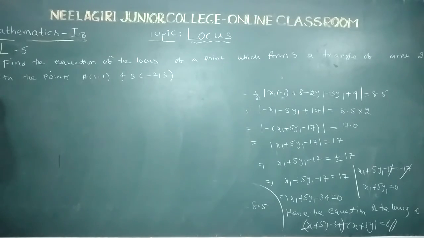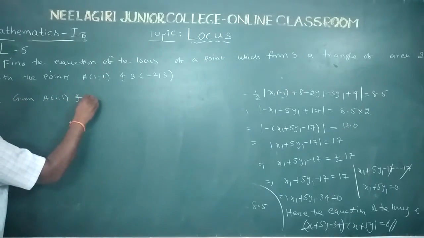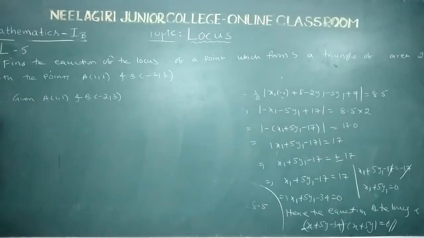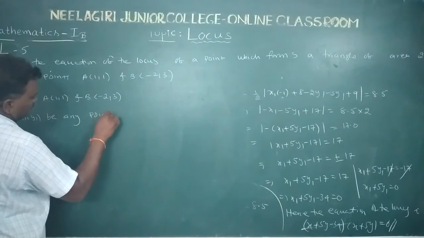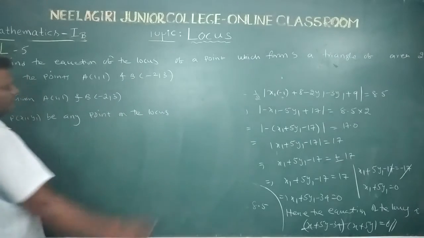First, given A(1, 1) and B(minus 2, 3). Let P(x1, y1) be any point on the locus.